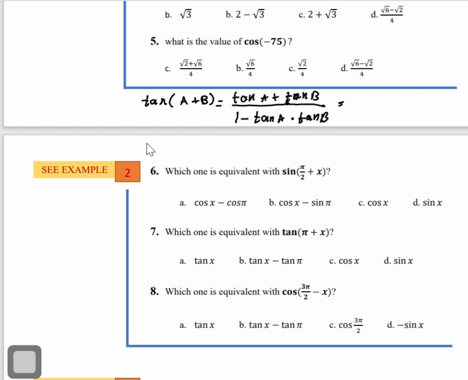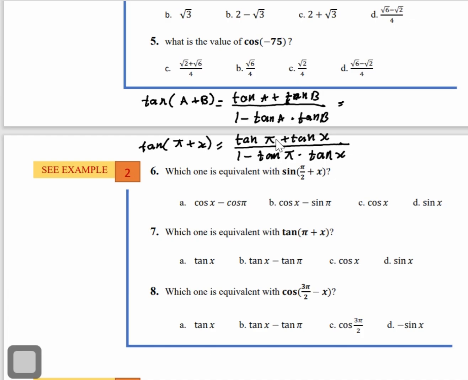Just use this rule. We have tan pi plus x equals tan pi plus tan x over 1 minus tan pi multiplied by tan x.